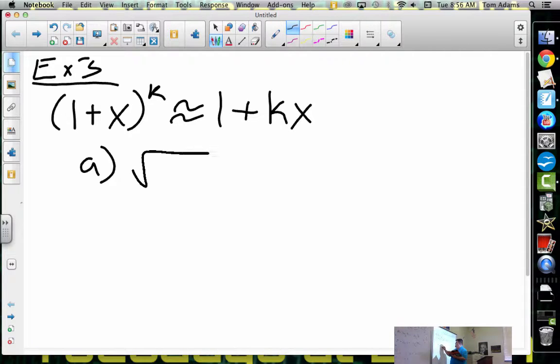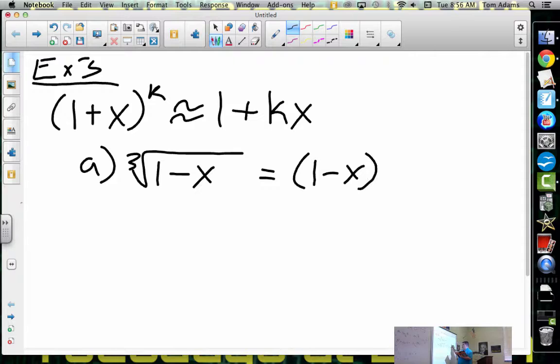So they said, all right, whether you realize this or not, this is actually a binomial expansion, because we could think of it as 1 minus x raised to the 1/3. Well, if that's the case, then k is equal to 1/3, and x is equal to negative x.